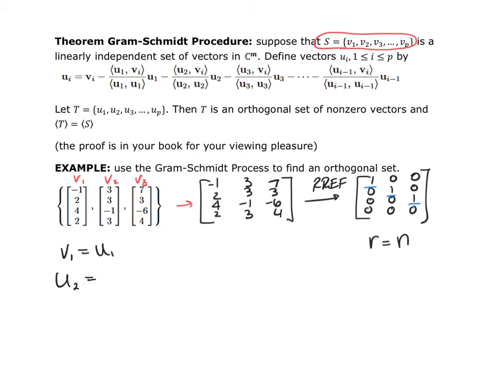U2 will be equal to V2, that's this vector, in case you're getting lost, minus the inner product of U1, which is V1, and V2, and then divided by the inner product of U1 with itself, in other words, the modulus.